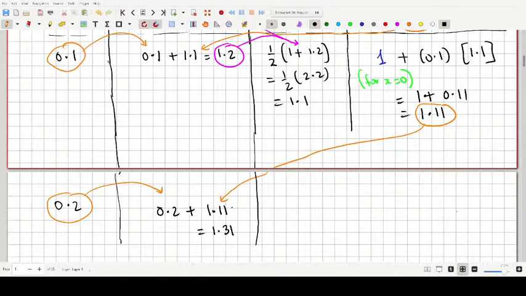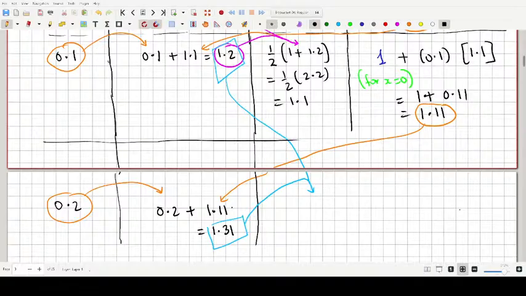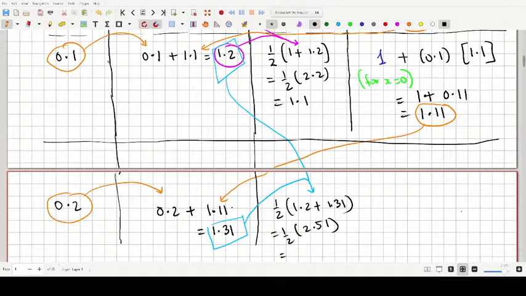For the mean slope, let me use the sky blue color, and I'll draw a box over here and another box over here. We'll take the average in the following way. It's pretty straightforward: half times 1.2 plus 1.31, so that is going to be our new slope.